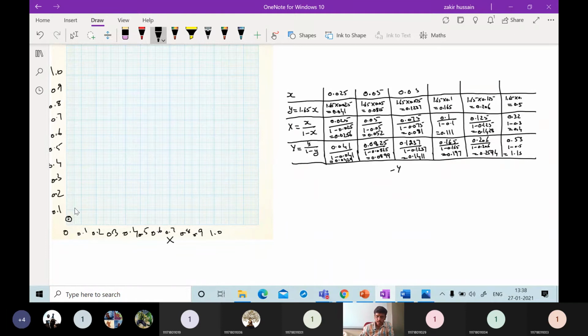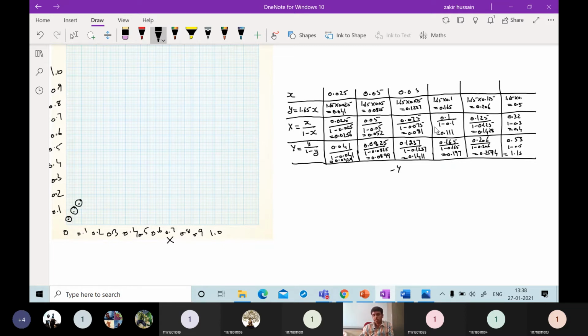Then 0.0899 means 0.09, so 0.05 and 0.09, this one. The next data point is 0.081, 0.08 means this one. Then 0.141, so 0.08 and 0.14. This one.